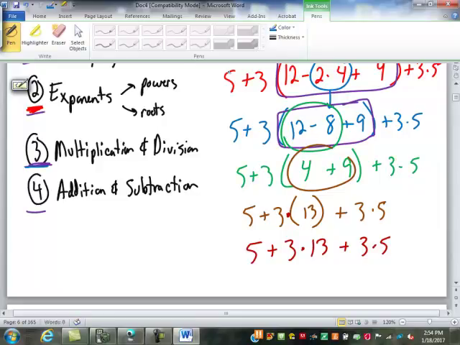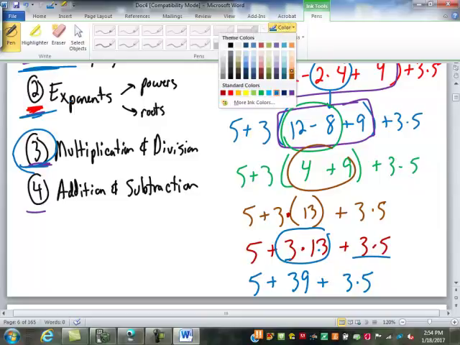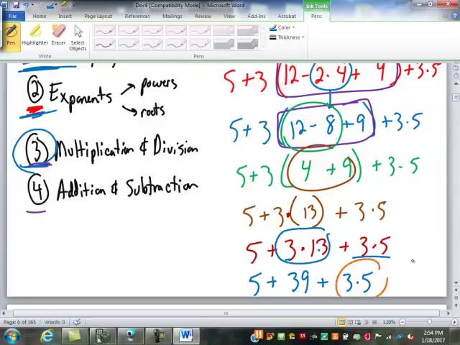Are there any enclosing symbols? No. Exponents? No. Multiplication or division? There's 2 of them, isn't there? We're going to go left to right. 3 times 13 is 39. And then we can do the 3 times 5 is 15.